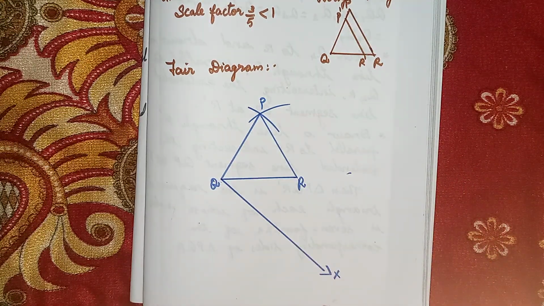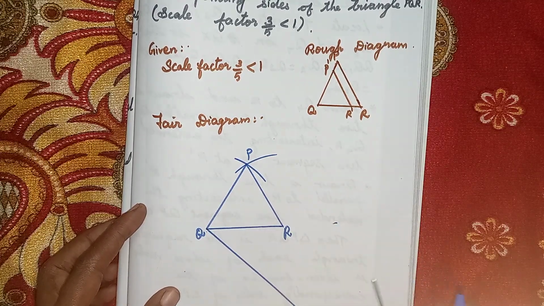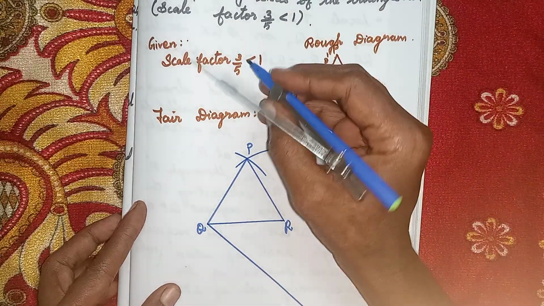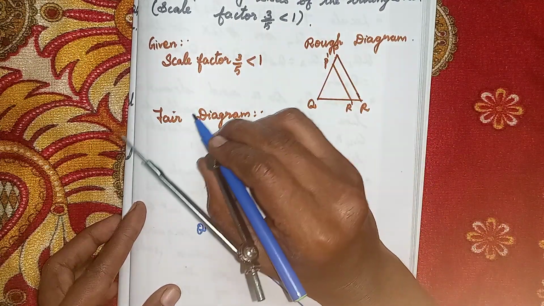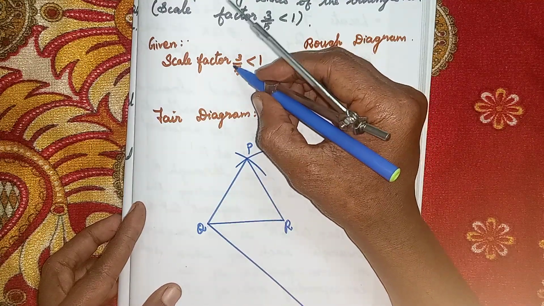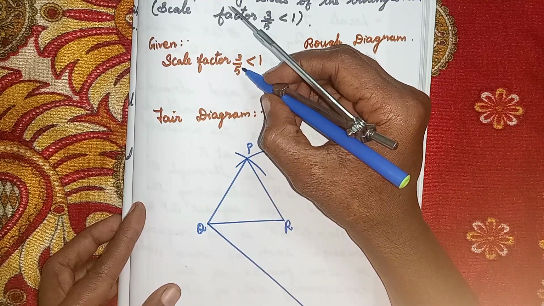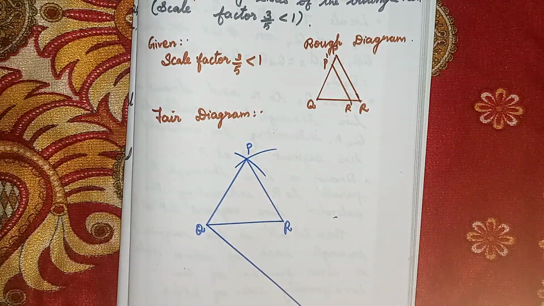Now we have to split this line into 5 equal parts. Why do we split the line into 5 equal parts? Look at the scale factor. Here what is the highest number? 5 is the highest number. So we have to split this into 5 equal parts.